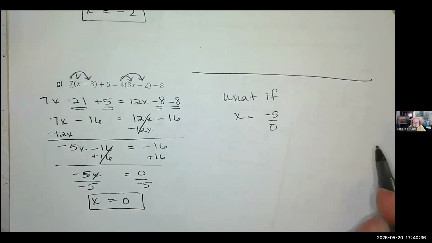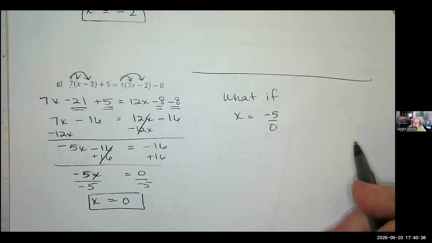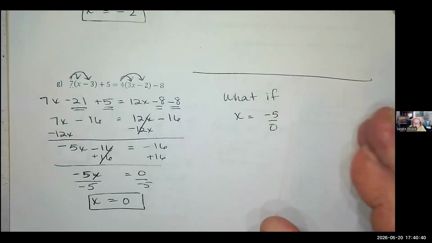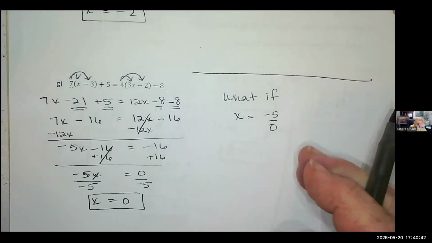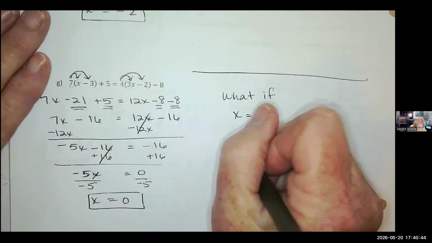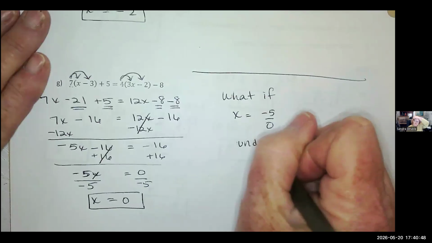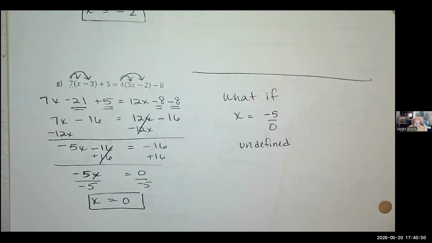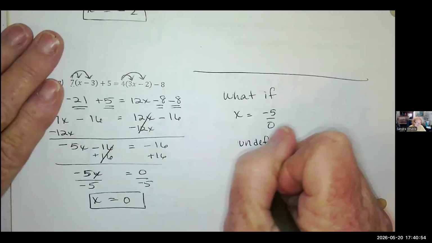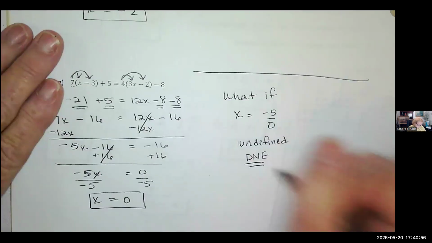The most important thing you need to understand here is it doesn't work. So this is undefined. X is undefined. If you've come across anything like this in My Open Math, you'll use DNE. I just want to make sure you knew that. It does not exist. All right.